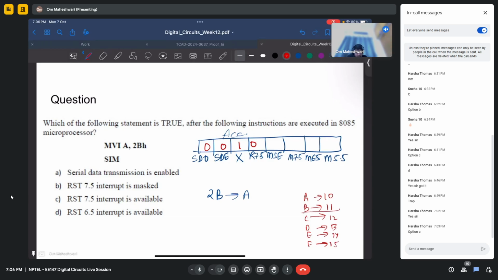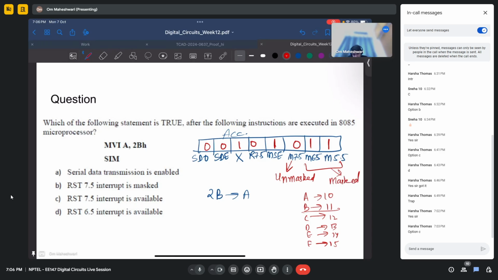So we have B as 11. So 11 will be 1, 0, 1, 1, right? So only this one is unmasked. These two are masked.